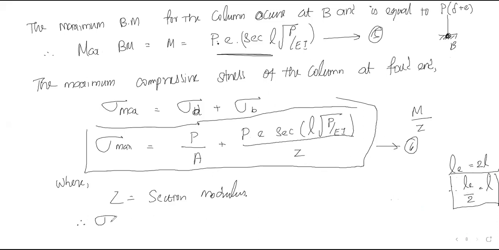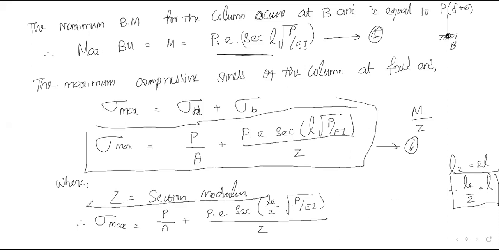Therefore, sigma max is equal to P by A plus P into e into secant LE divided by 2 into root under P by EI, divided by Z. This is the common formula we use to calculate the eccentric load.